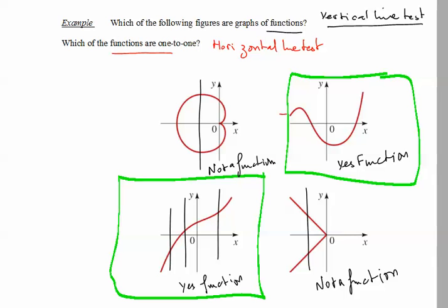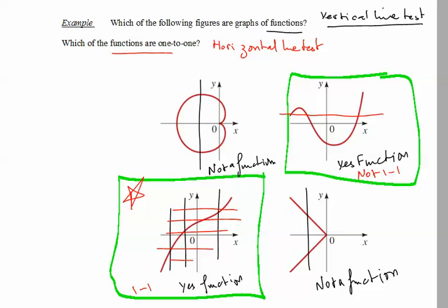If I cross a line right here, it looks like we are crossing the graph 3 times, so it is not a one-to-one function. And if I use a horizontal line here, I'm going to cross the graph only once, and therefore it is one-to-one. So this graph here is a function, and it is indeed a one-to-one function.